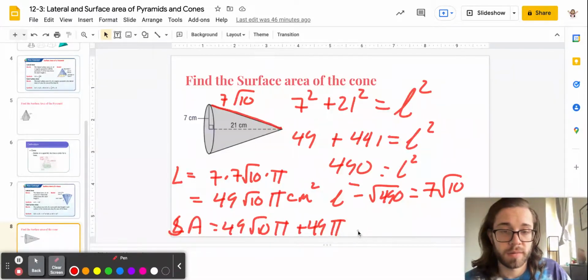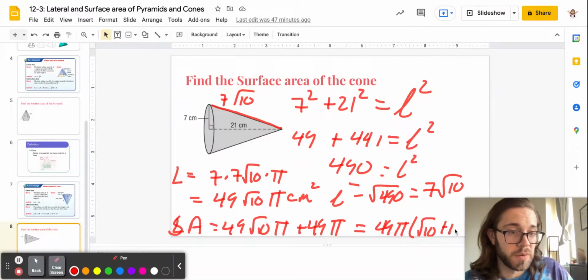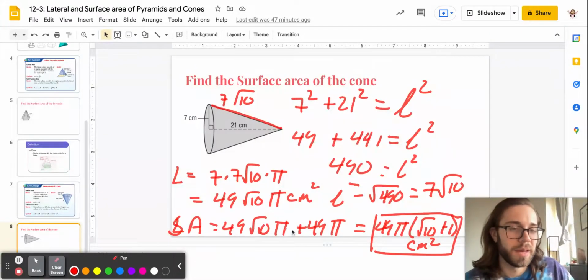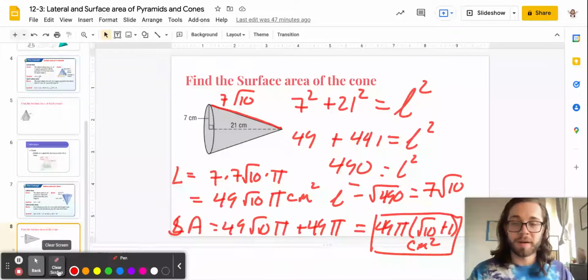So if you take the 49 pi out, we have 49 pi times root 10 plus 1, which I guess we'll just leave as is, but centimeters squared. I would have also been okay if you left it like this. But ultimately, that would be how you find the surface area of a cone.